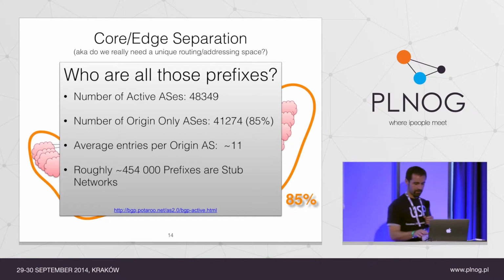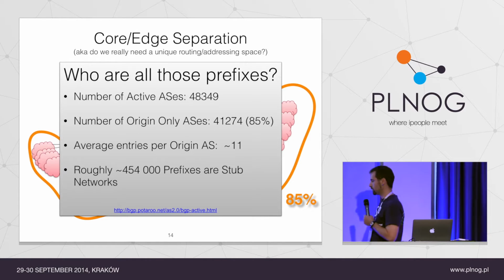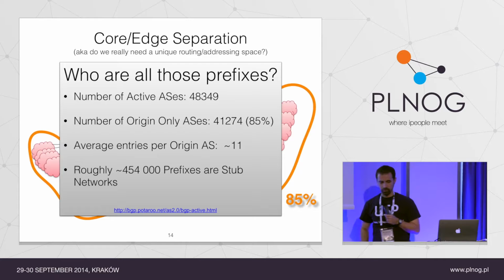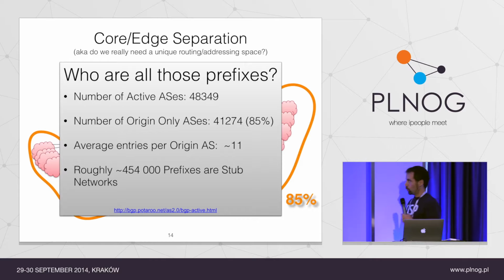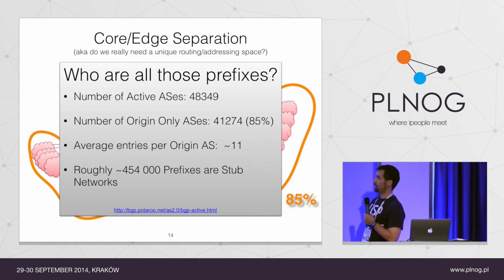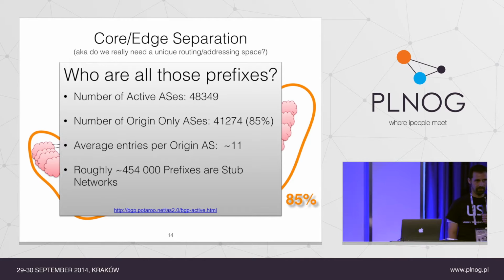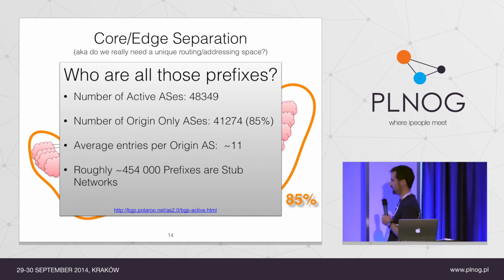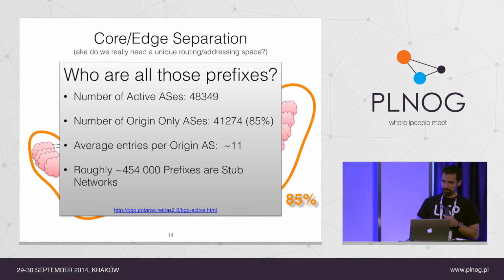85% of the prefixes. Where do all these prefixes come from? If you look at the BGP numbers, you can find several sources. I took just Potaroo in order to do a few rough calculations. We have today, actually 2 days ago, almost 49K active ASs in the internet. So basically we have one Akamai server per AS in the internet, right? And of this amount of ASs, we have almost 42,000 that are just origin ASs.